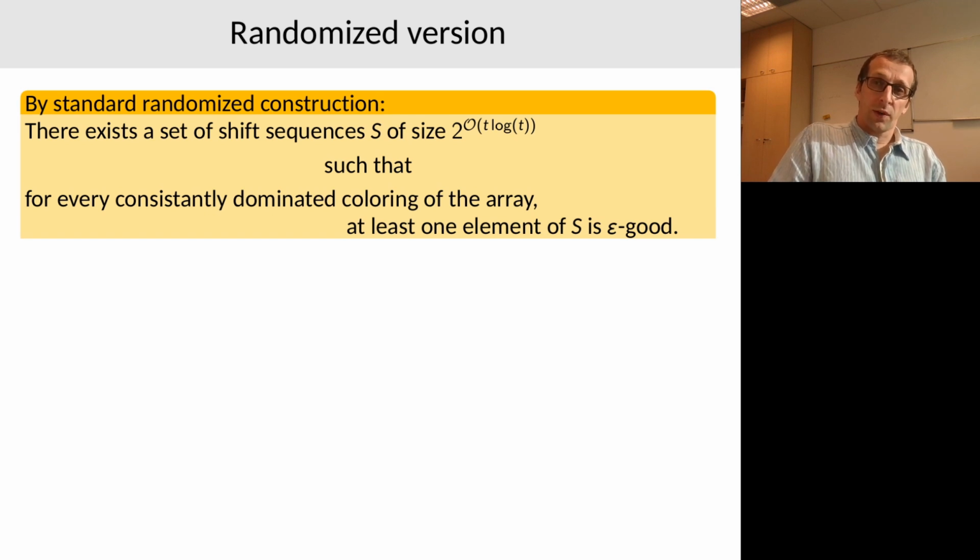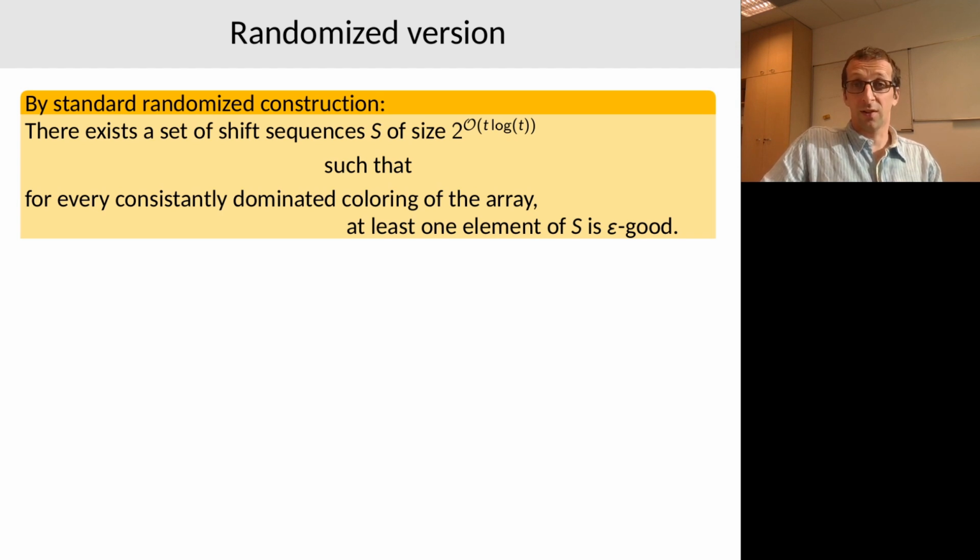The extension property that we have just discussed allows to derive some bound on the number of epsilon good shift sequences. With that bound at hand, we can show that there actually exists a small set that can be used in the construction instead of the set of all shift sequences. And the easy way to prove it is by probabilistic argument.